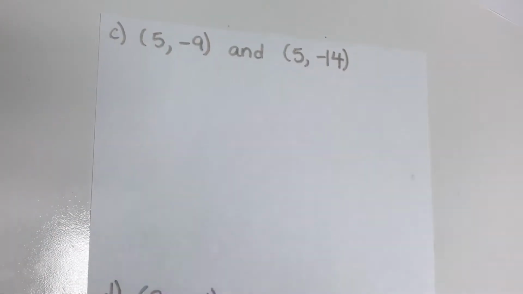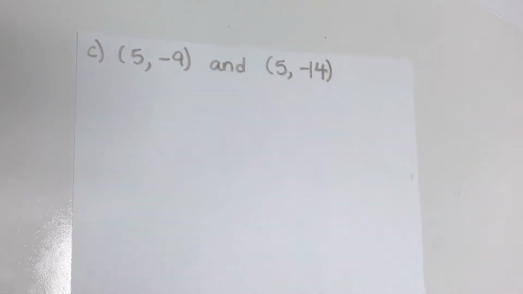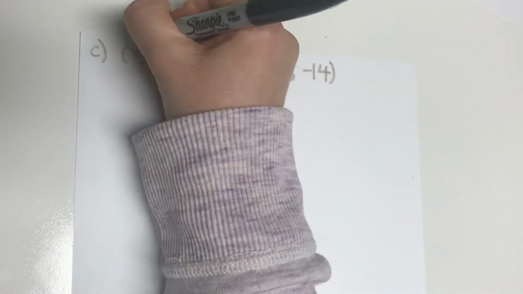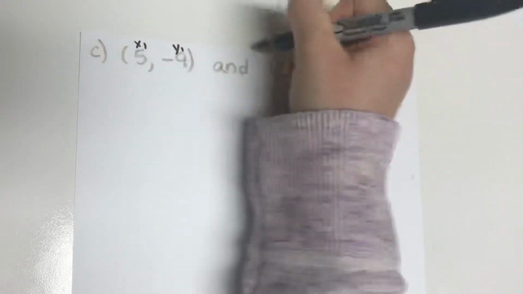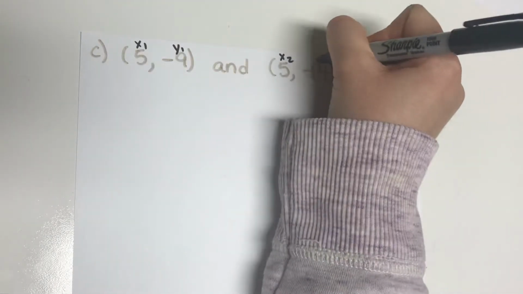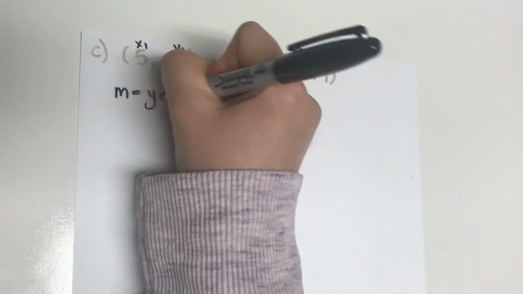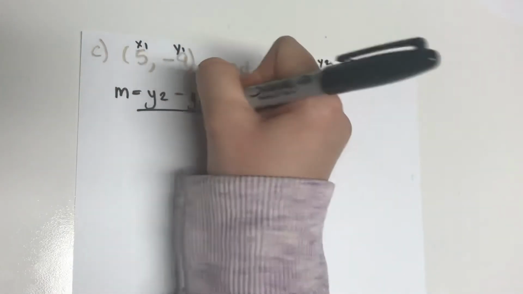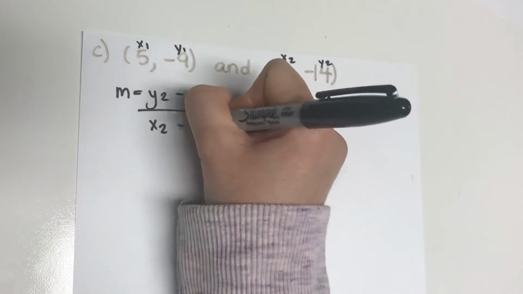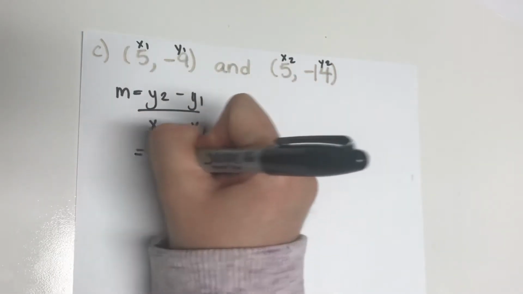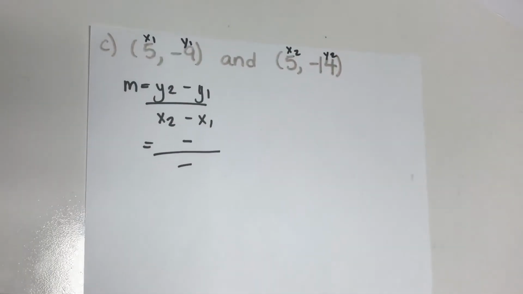C. Following the same steps, label my coordinates, write out my equation. If you write your equation out every time, it'll help you remember it.